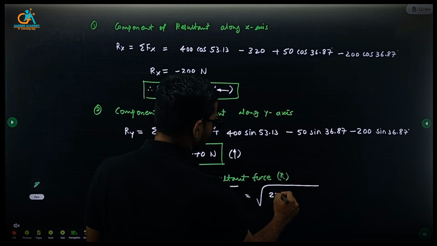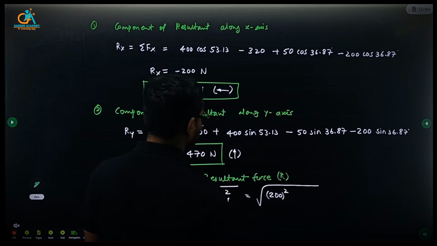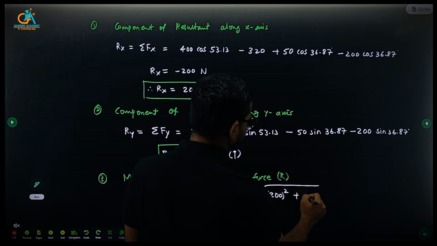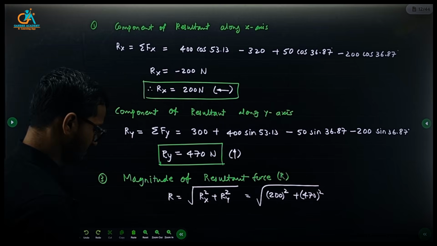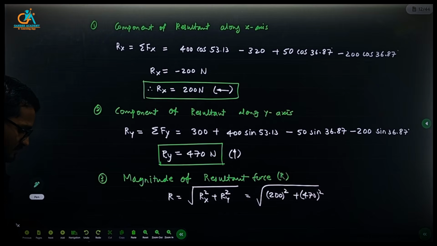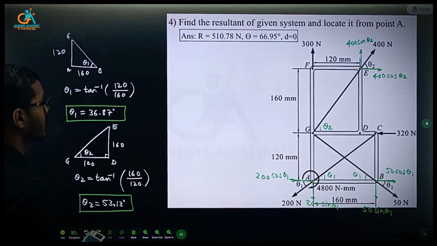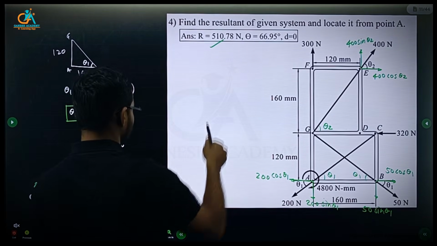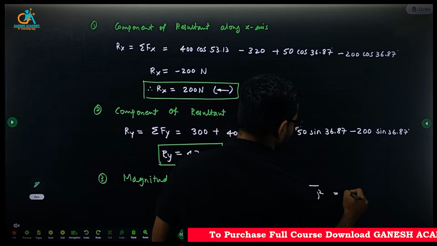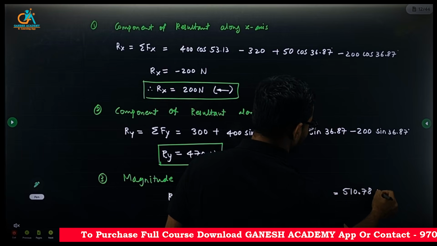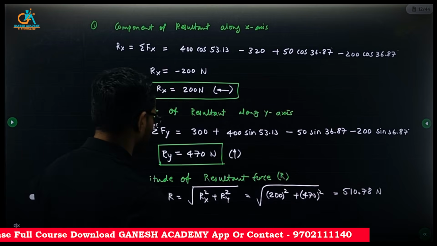Rx is 200, Ry is 470. Yes, it is correct: 510.78 Newton.